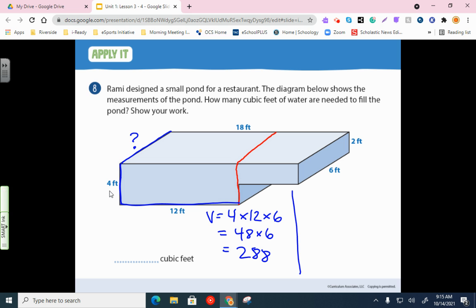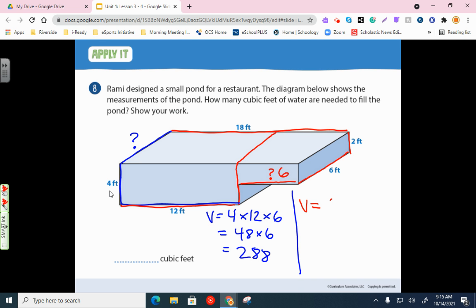This other side, you've got 6, you've got 2, and we're really concerned with what this side's going to be right here, this mystery side. So if the whole length of this object is 18, 12 of it is here. We need to find the difference between 18 and 12, and that will give me 6.